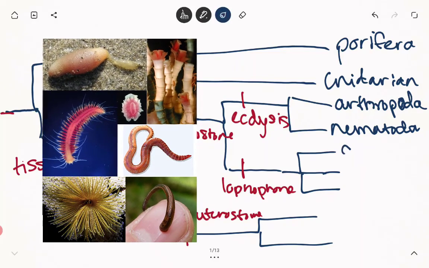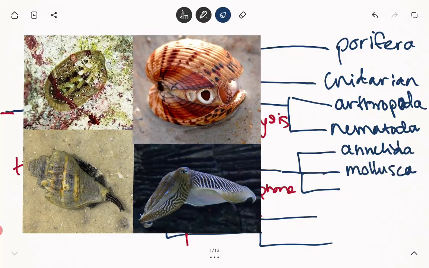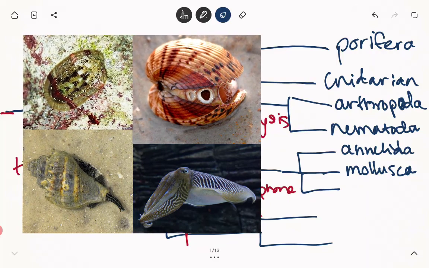So the annelids are the segmented worms, phylum Annelida. Also in this group is phylum Mollusca. Annelida are the segmented worms, phylum Mollusca are things like cephalopods, which include squid and octopus, as well as things like clams, bivalves, slugs, and snails, things like that.